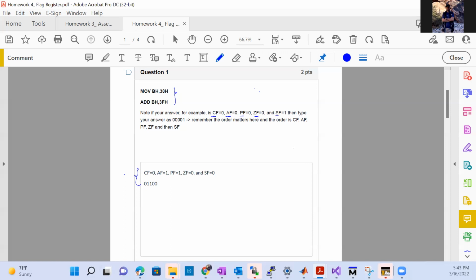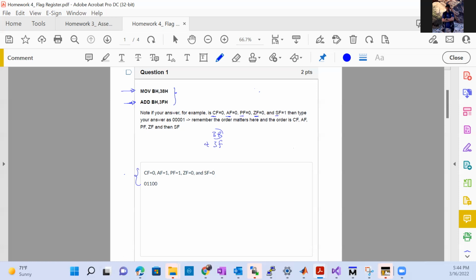Okay, so in the first instruction, we move 38 hexadecimal into BH. Then we add to BH 3F, and of course BH has 38, so we're gonna add basically 38 hexadecimal to 3F hexadecimal, and the result will go to BH.